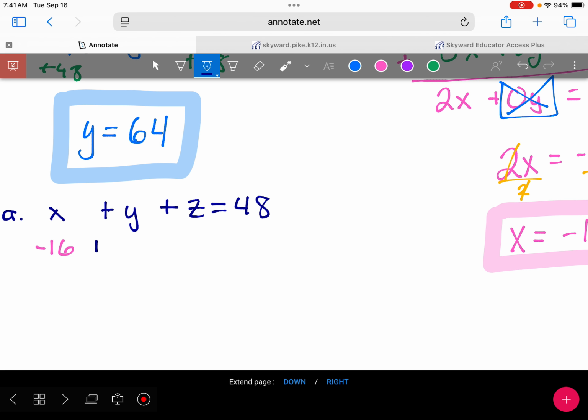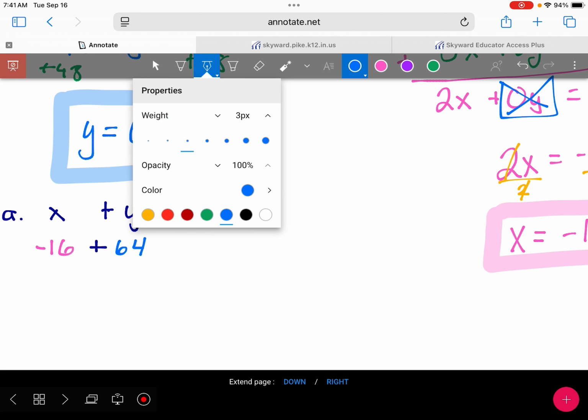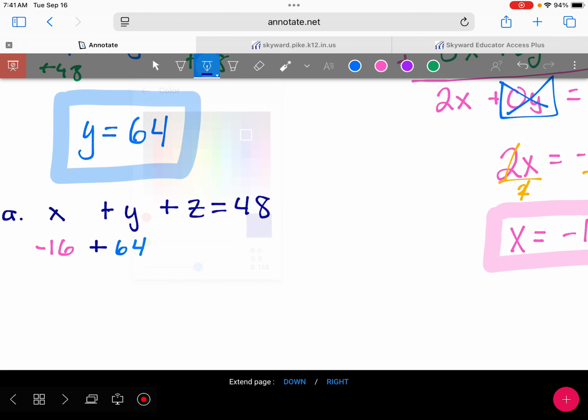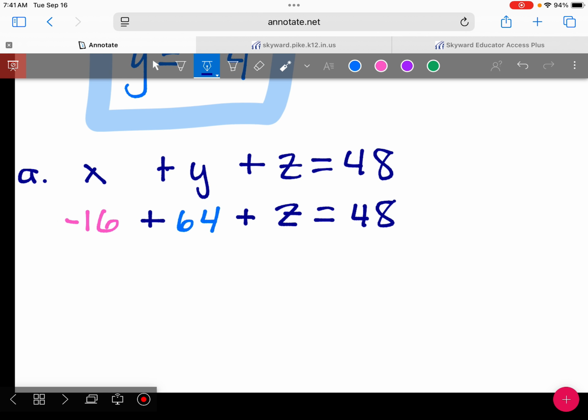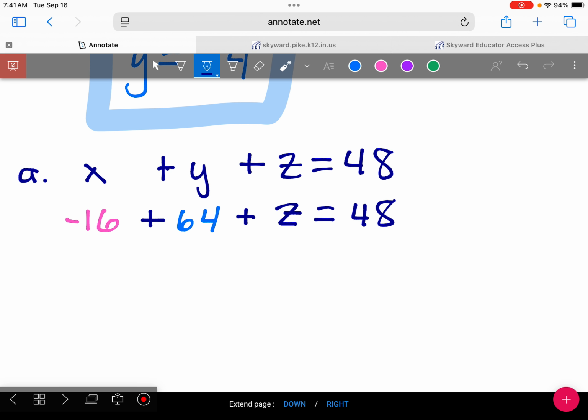And we also know our y. It's this 64 from right above. So I'm substituting in the pieces we know so that we can find that z.